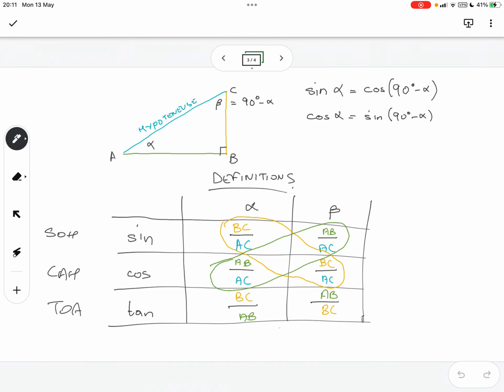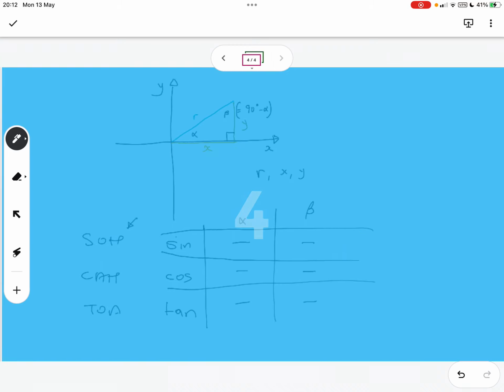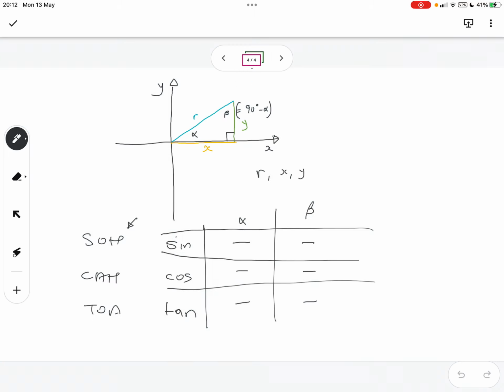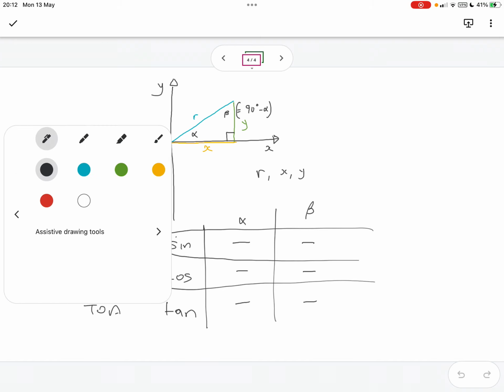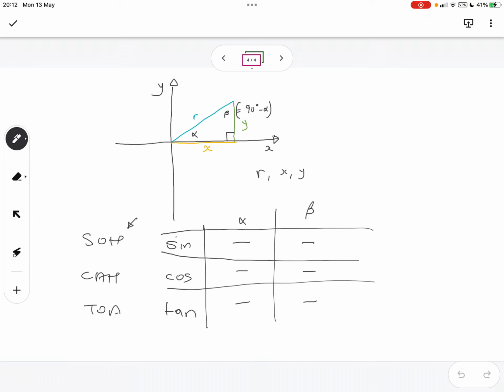In the previous slides we used the triangle ABC, so the lengths would be represented by AB or AC or BC. Here in slide 4, you'll have to use x, y, and r. So let's quickly do that, but I want you to be the one guessing them.